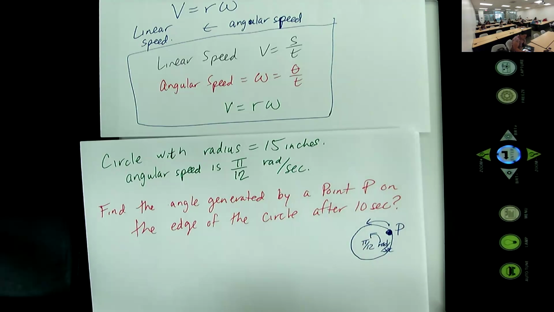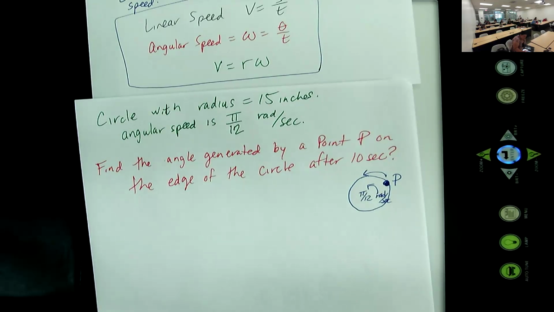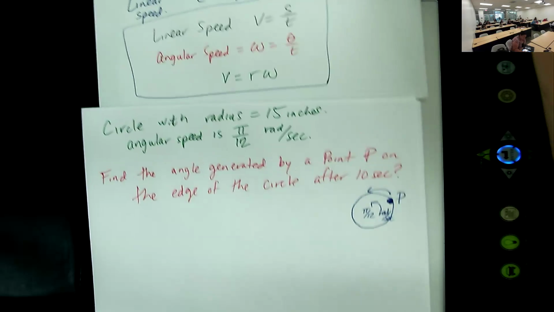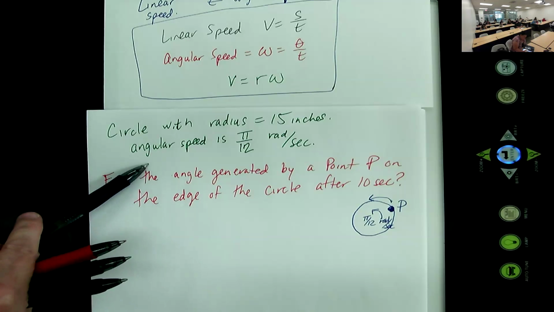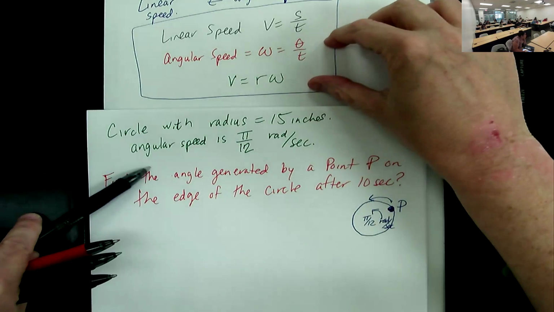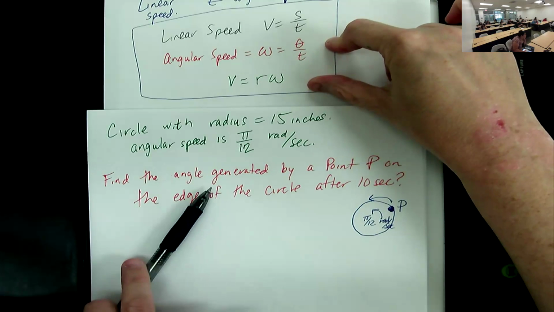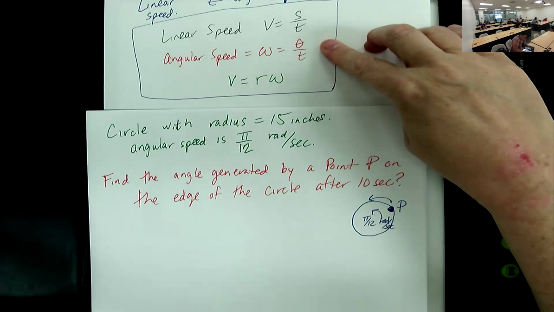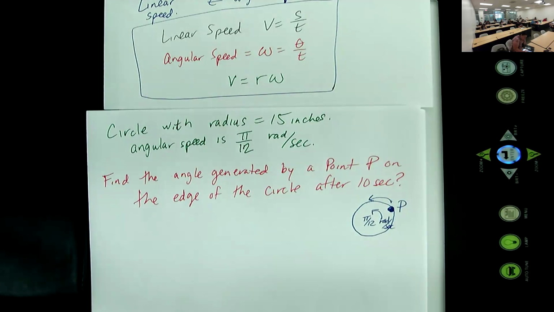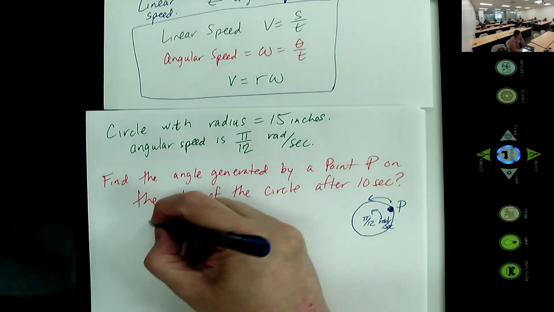So how far has that gone out? We have three equations. We gotta figure out which ones we have information for. They gave us angular speed, which is omega. Two of those have omega. We're looking for angle, so we want theta. The equation that has both theta and angular speed is the angular speed one. So we're gonna go off of omega equals theta over t.